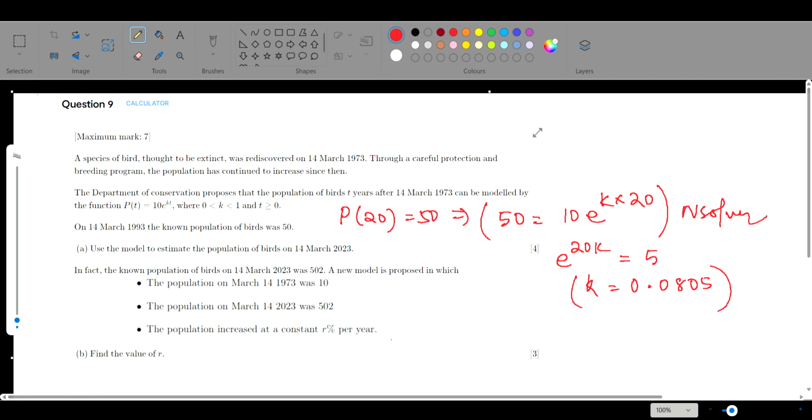So it's 502 is equal to 10 times (1 plus r over 100) raised to the power 50. That is giving the r value, that is 8.15 approximately. That's right.